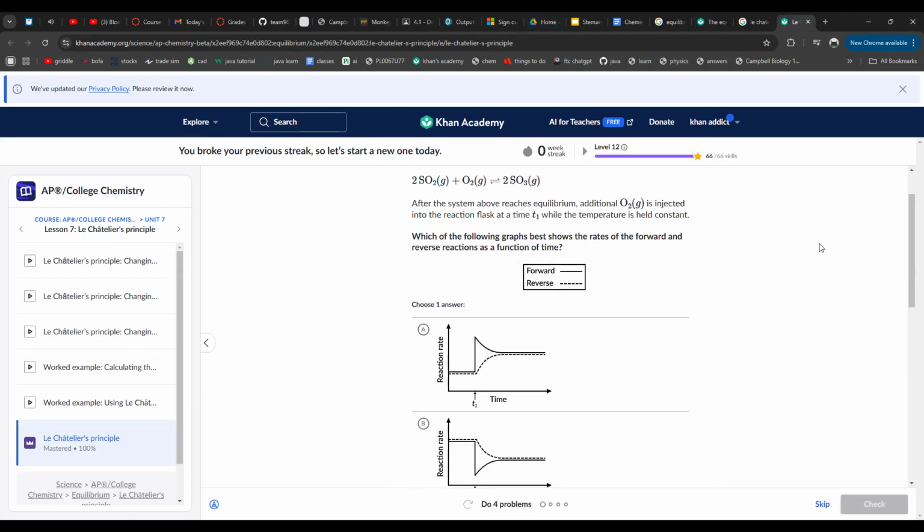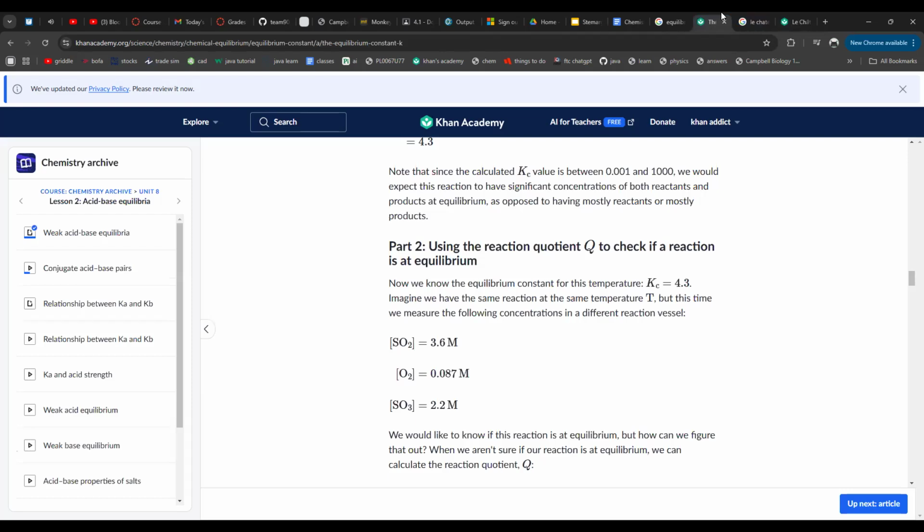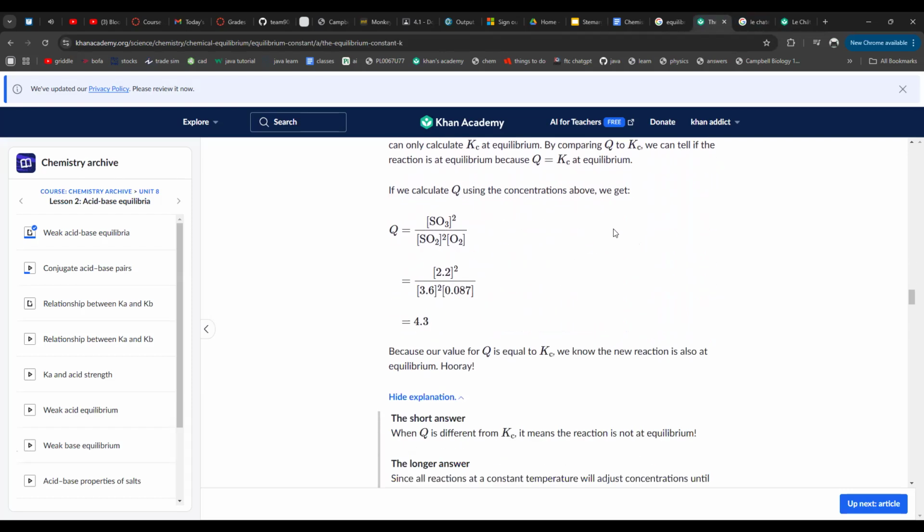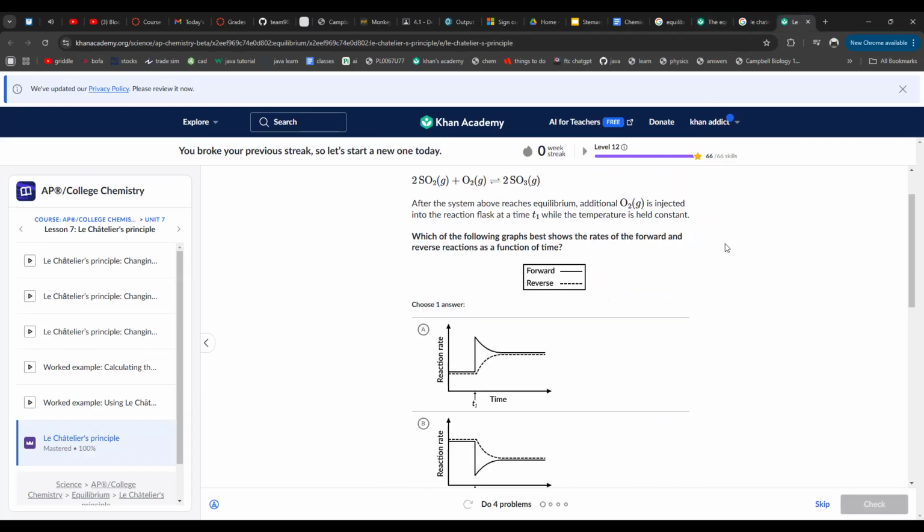So does anyone remember what that's going to do to the equation if your reaction quotient is less than your equilibrium constant? Forward, right? Yeah, it's going to go more forwards.